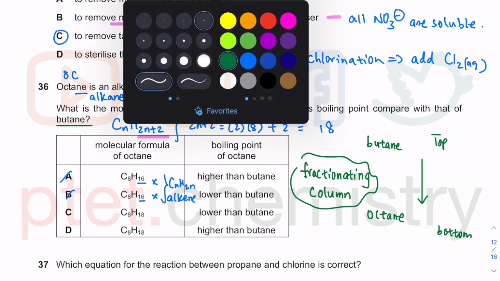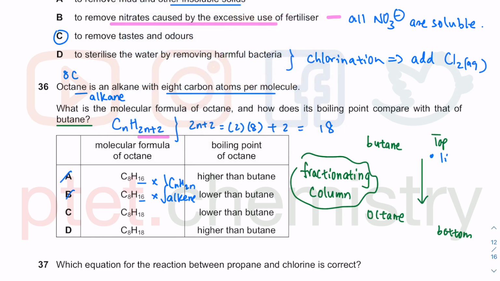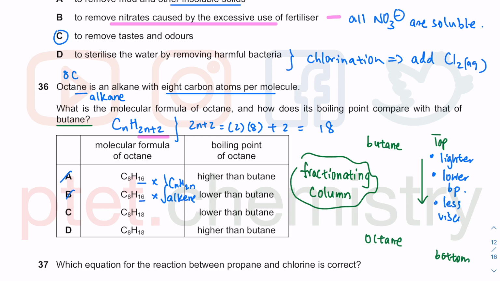It will be your low boiling point fractions. These are your lighter fractions, your lower boiling point fractions. They will be less viscous, and they will be the more flammable fractions.